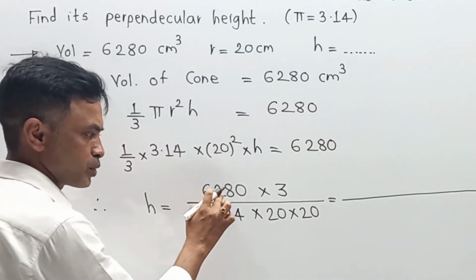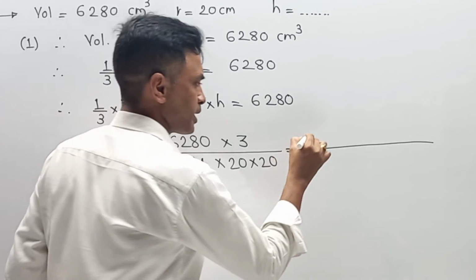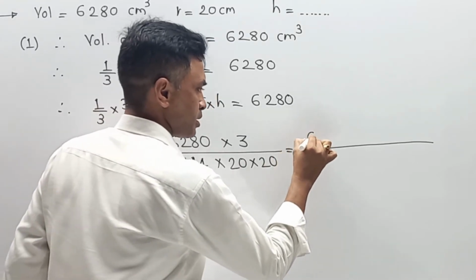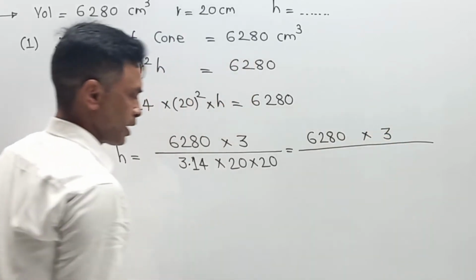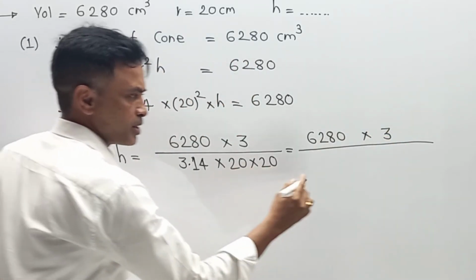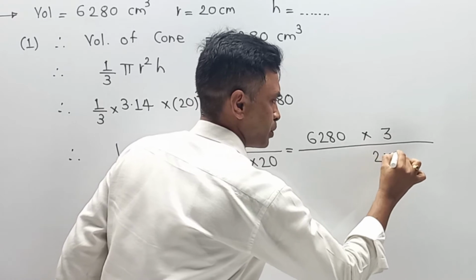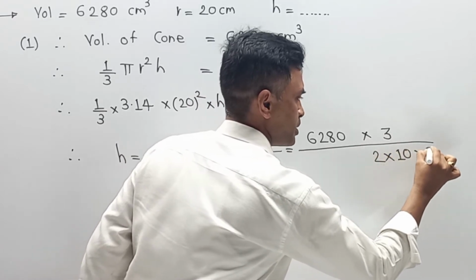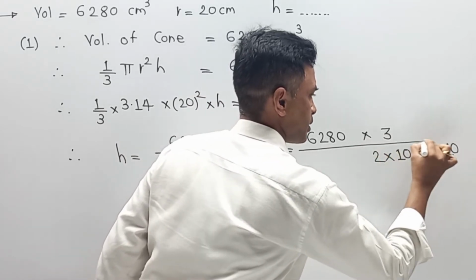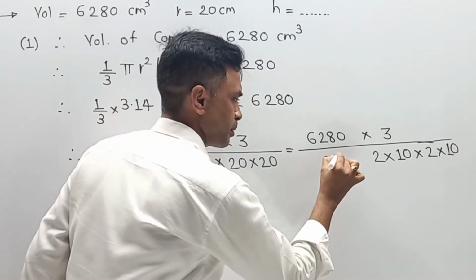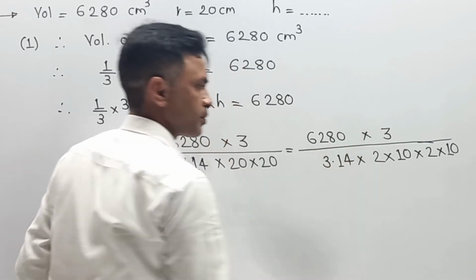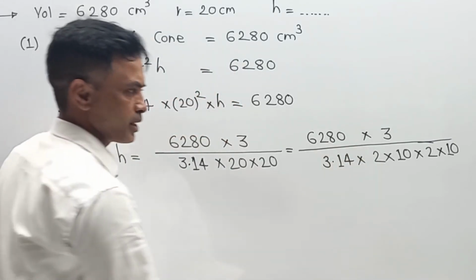Here, first step, 6280, I am writing it as it is, into 3. And now 20 means 2 into 10 and 20 means 2 into 10, and this is 3.14 which is going to get multiplied. Now, what are the possibilities?